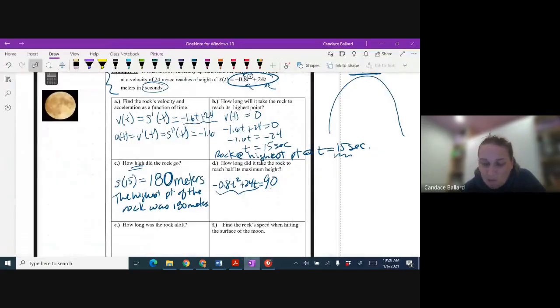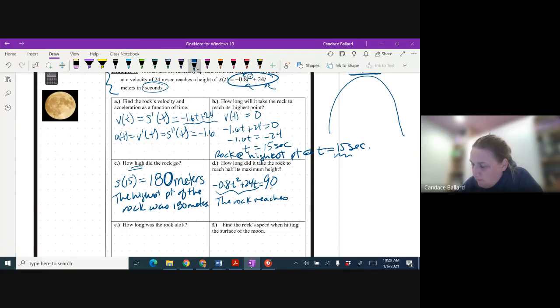So let's write that out, okay? The rock reaches half. Actually, we should probably write down what T is. So T equals, really we should have had that decimal point, 25.567, okay? And it doesn't hurt to put seconds on those.